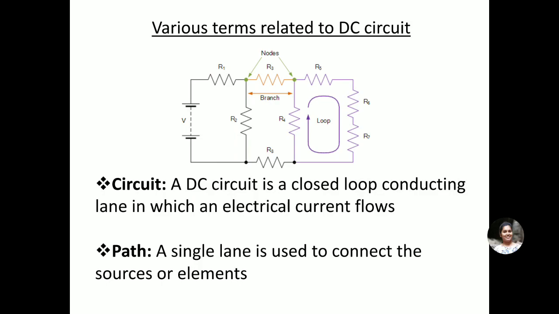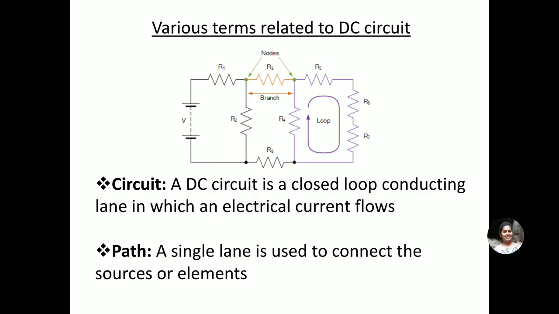That can be said to be a single branch. It can have either one or a group of components, or a combination of sources, which are connected between the nodes. Nodes are nothing but the joining points.